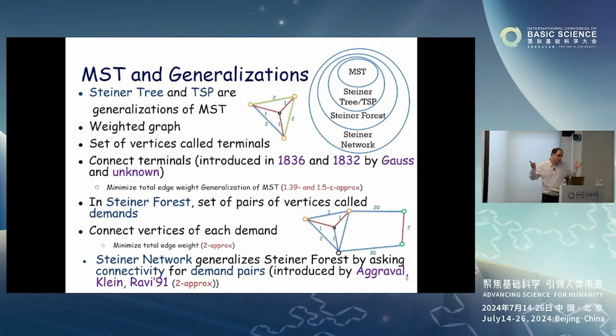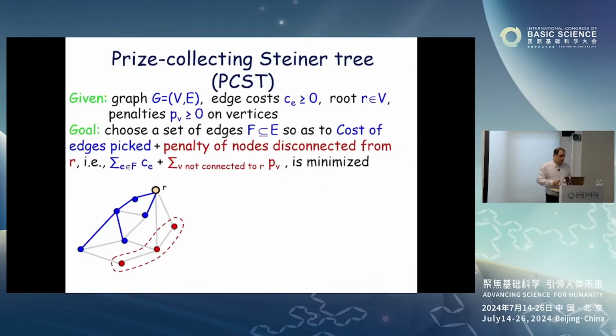I mean, for Einstein, the best paper award in STOC I think 2000. Everyone problem the price collecting version of it.